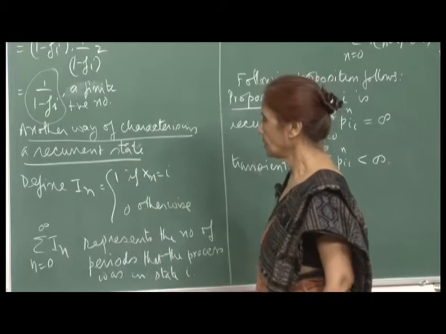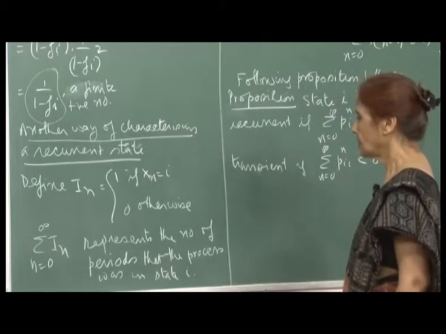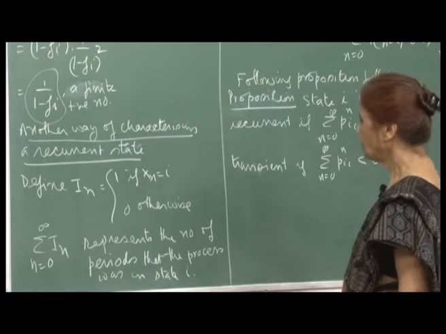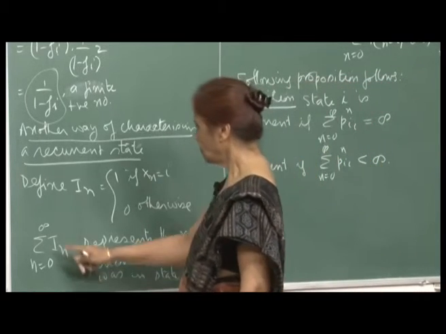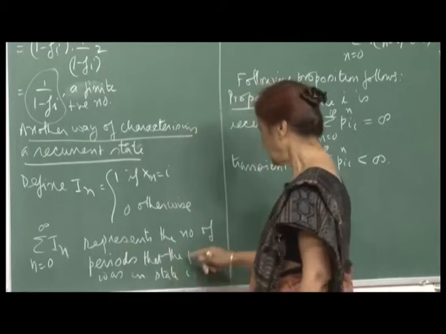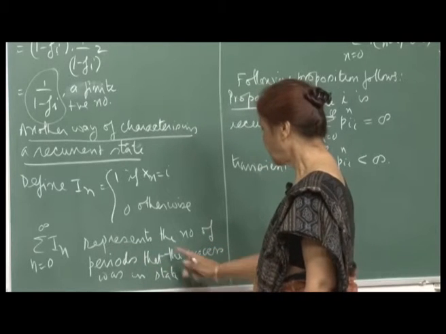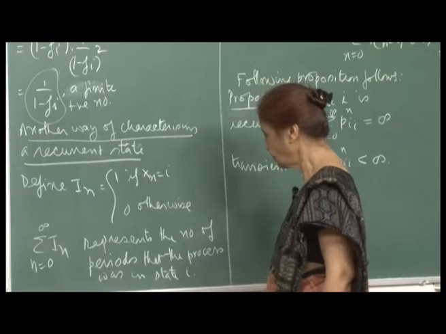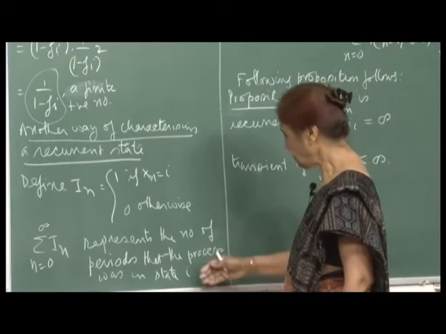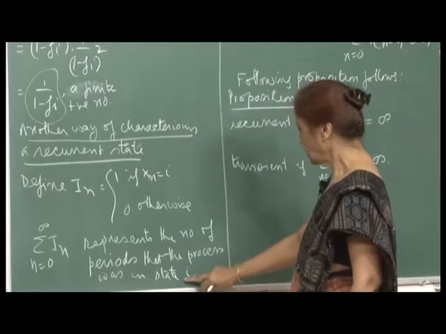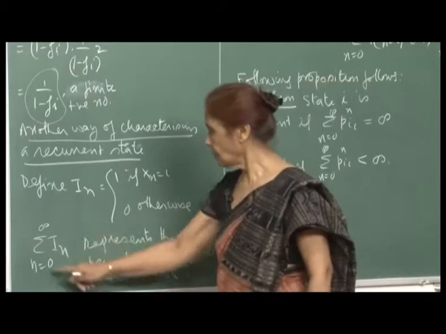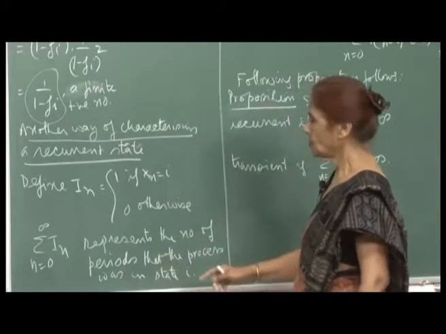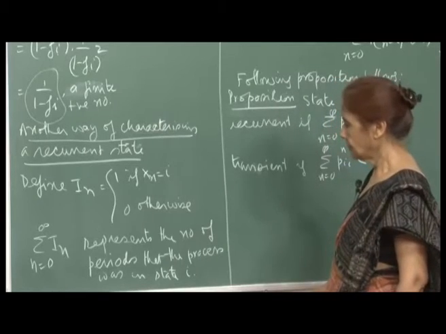This is an indicator variable, and if you add up sigma I n from 0 to infinity, this will represent the number of periods that the process was in state I. So, starting from time period 0, the initial time, this will count the number of times the system was occupying state I.